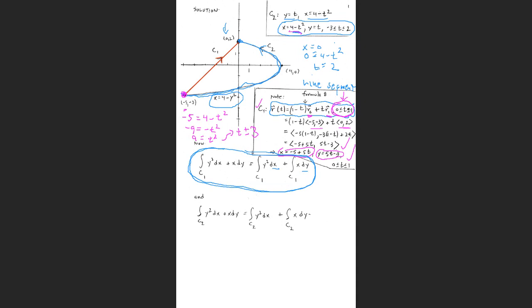So let t start at negative 3 for this point here, the beginning point of that parabola. And then for the end point, let t equal 2. It's fine.